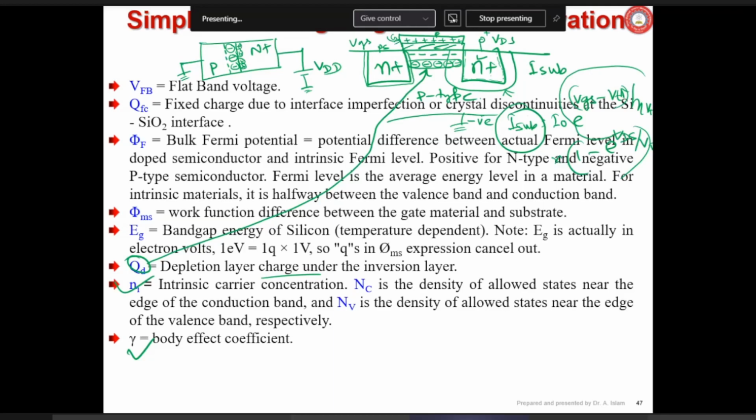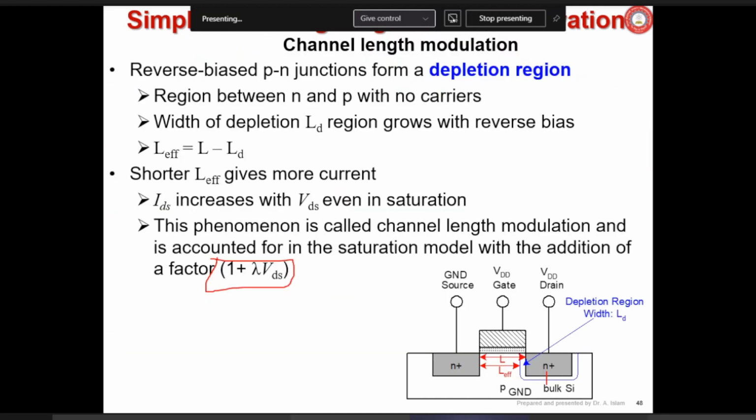So this is all about these 2 slides I wanted to talk about. Now we'll talk about another phenomenon called channel length modulation. We have already discussed that if you apply a V_DS, there will be a depletion layer mainly around the drain region.